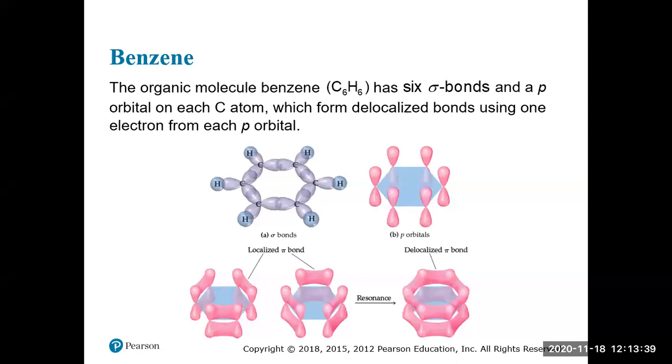That's where we call it delocalized. It really isn't a localized picture of how the electrons are being shared like we see on the left. It's more like this resonance structure, which shows it spread out more evenly around the ring. And if you recall, when you measured the bond lengths, they didn't equal a single or a double. It was in between, if you recall your values. And that's because of this delocalization that we see here.